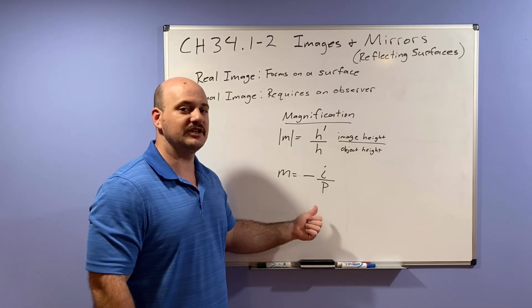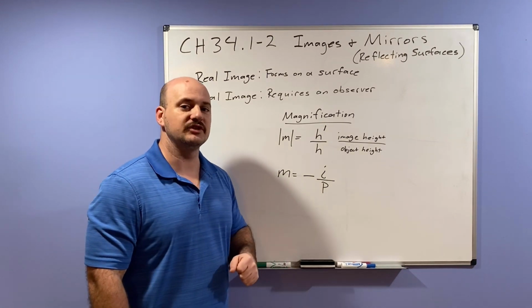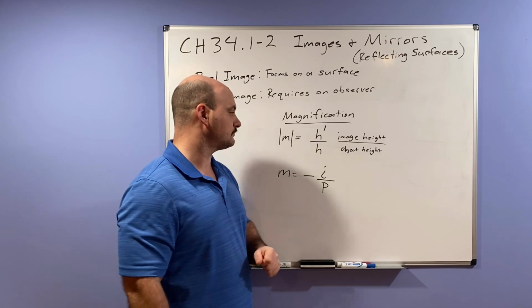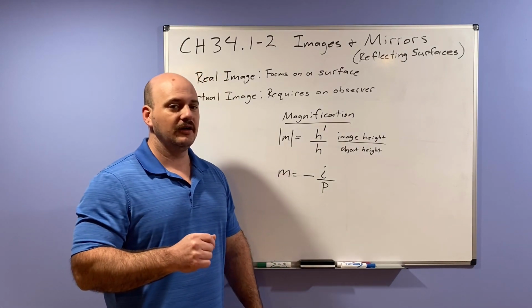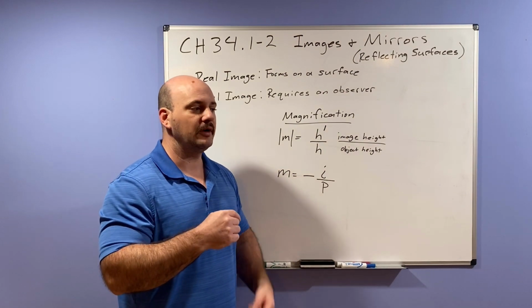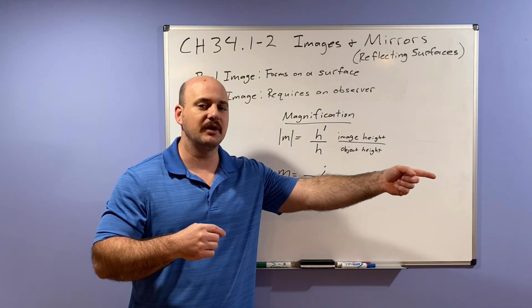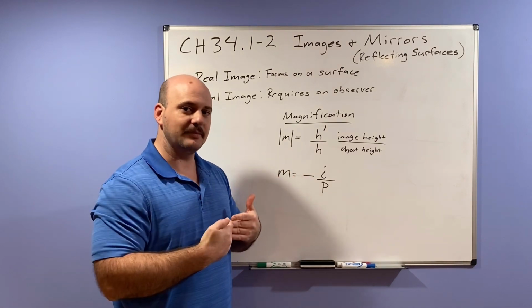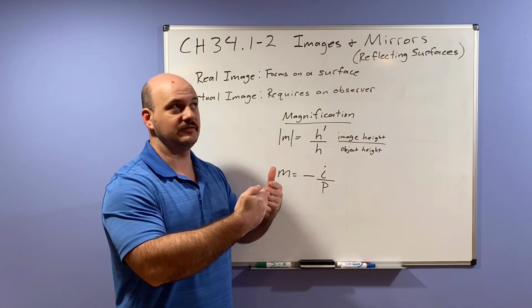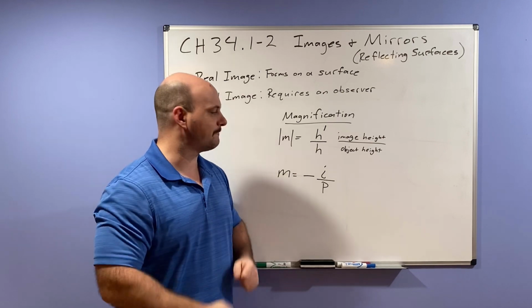So real images will be inverted, virtual images will be upright. I do want to clarify that virtual images form on the opposite side of the mirror from the object. Real images form on the same side as the object, on the object side of the mirror.